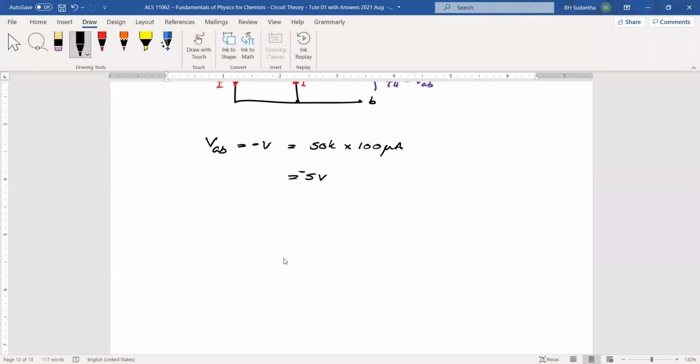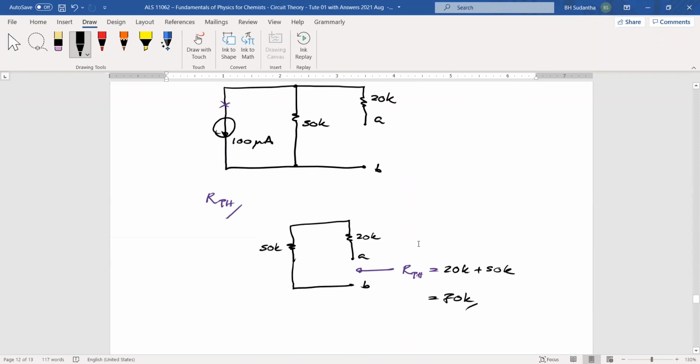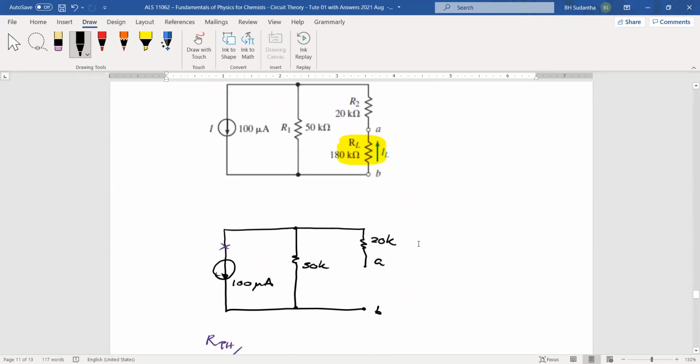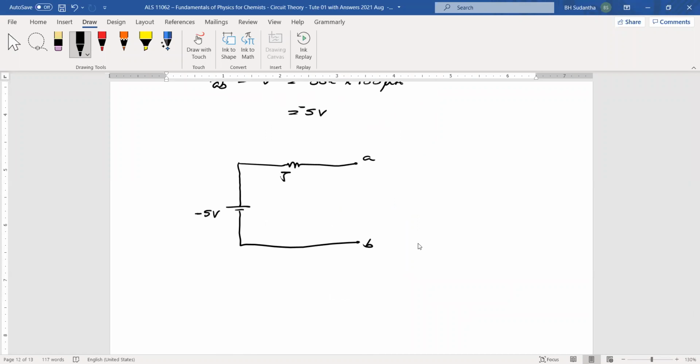Then we can draw Thevenin's equivalent circuit. And this is minus 5 volts. RTH is 70K.